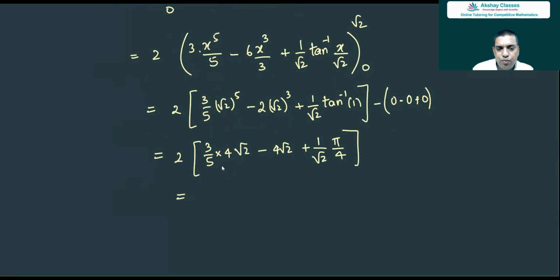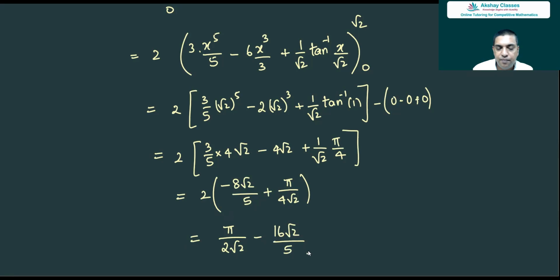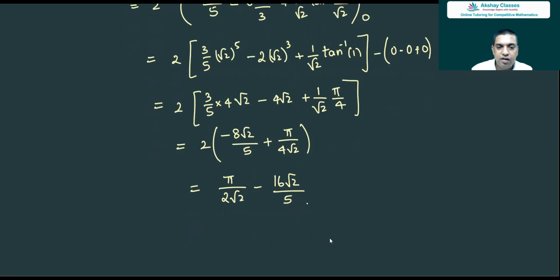So 4 root 2, if we take common, you will get 3 by 5 minus 1, it is minus 2 by 5, so minus 8 root 2 upon 5. So the answer is pi upon 2 root 2 minus 16 root 2 upon 5. You can simplify it further, but this is the answer.